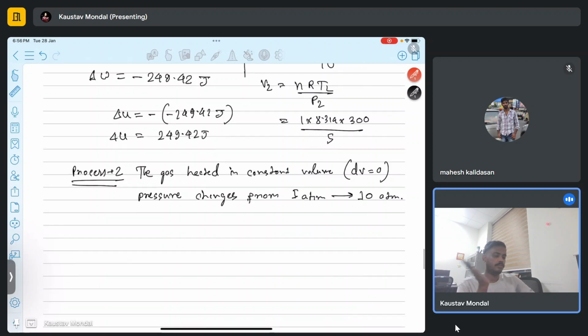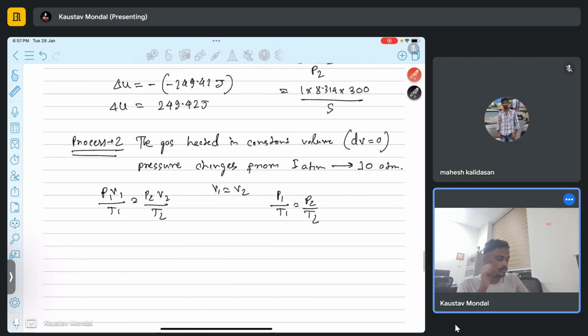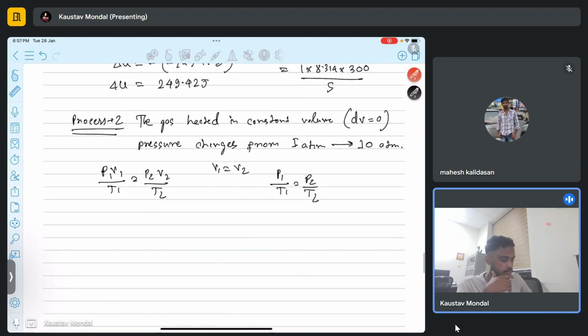So we know P1 V1 by T1 is equal to P2 V2 by T2. Volume remains constant, so V1 equals V2. So P1 by T1 is P2 by T2, right? We already know P1 and P2.